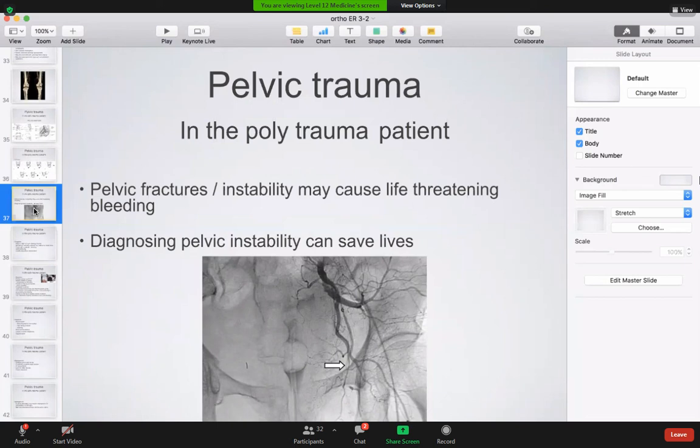But if you have an unstable pelvic ring injury, the volume of the pelvis will increase, and then the amount of blood needed to reach the tamponade is really high. So that's why you need to identify pelvic fractures, reduce them, and stabilize them as soon as possible, to decrease the volume and the amount of blood needed to achieve the tamponade.